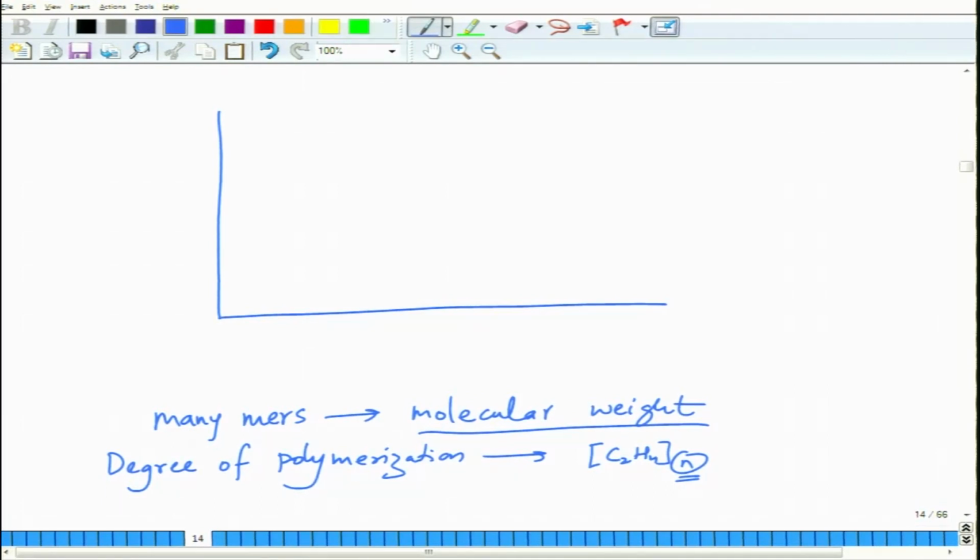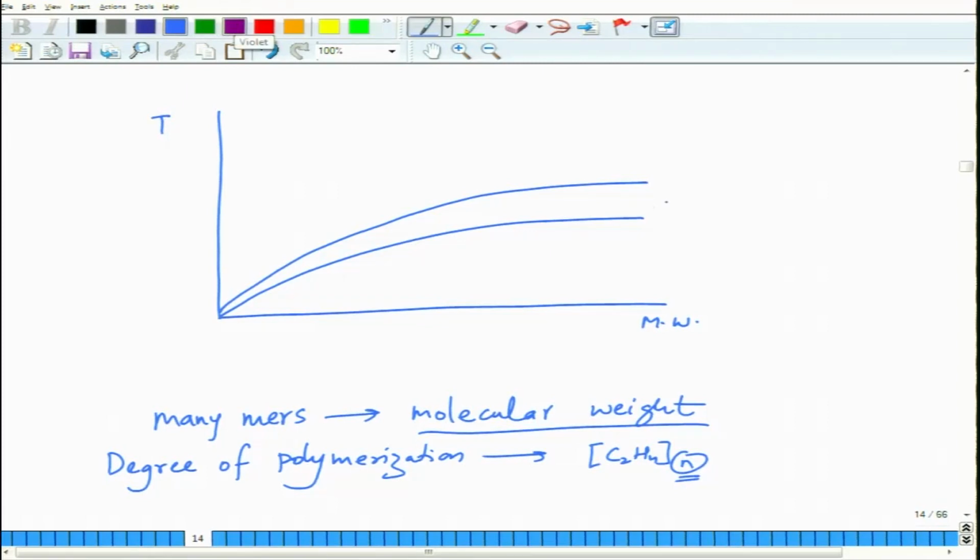So if I plot, for example, temperature as a function of molecular weight of polymers, generally they have a behavior which is like this. Okay, let us say this is Tg, and Tm, the melting point, is slightly higher. So we can basically divide this into various regions.